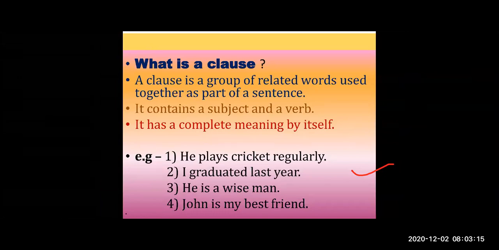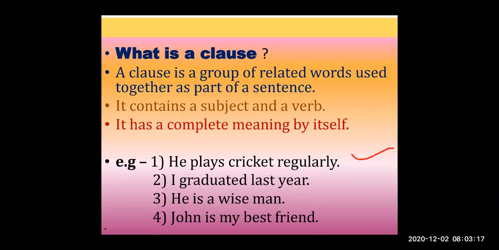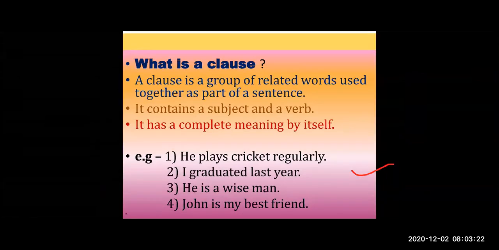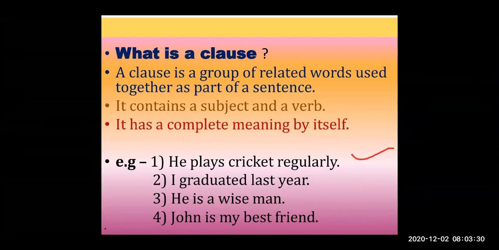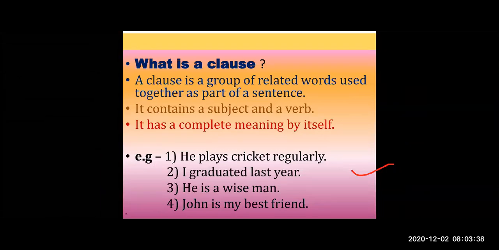Now, in this sentence, he is the subject. Then plays is the verb. Now see, there is a subject plus verb combination and it has a complete meaning. So this is an example of a clause.